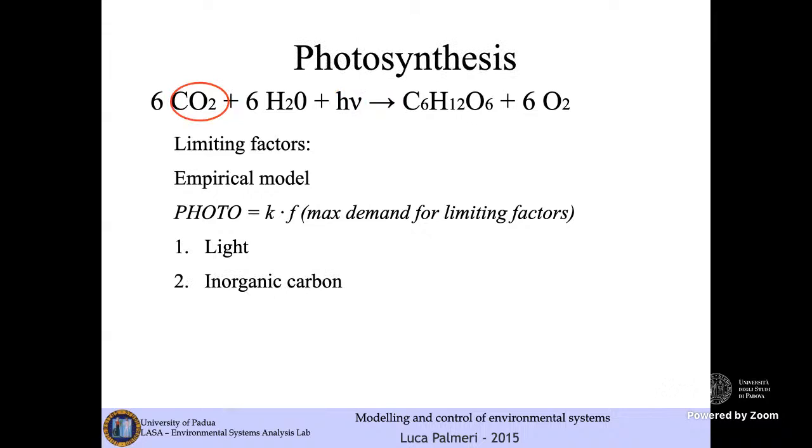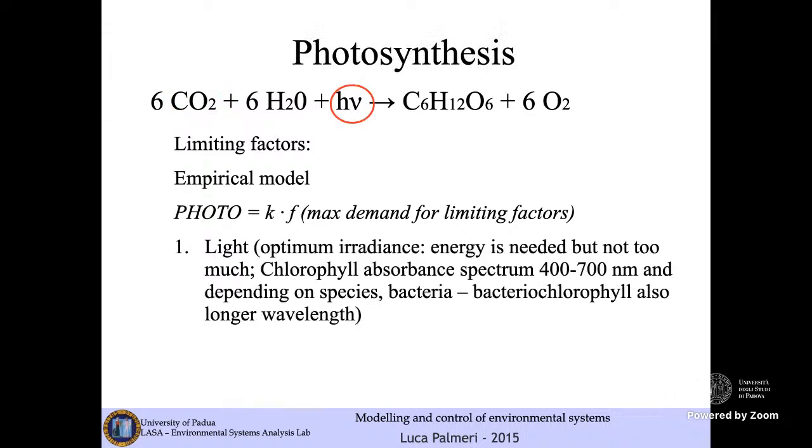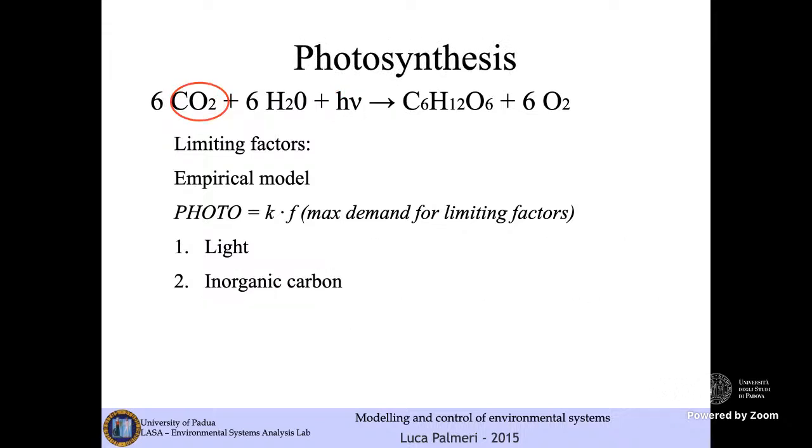So we have a limiting effect due to light, a limiting effect due to the presence of inorganic carbon, typically carbon dioxide, and a limiting effect due to the presence of water, because this process, of course, performs optimally in water conditions, in a water ecosystem.